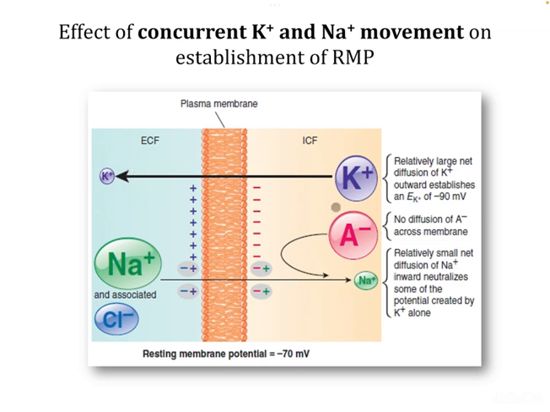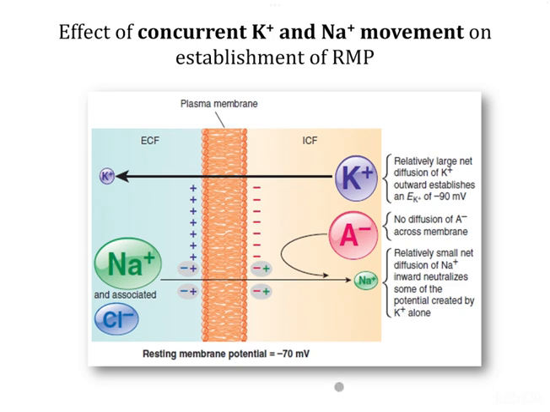While anionic molecules are impermeable, so there is no net diffusion of anionic molecules across the cell membrane. While sodium ion is more outside, and the relative permeability of the cell membrane towards sodium is less, so there is a relatively small net diffusion of sodium ions inward, and it neutralizes some of the potential created by potassium alone.